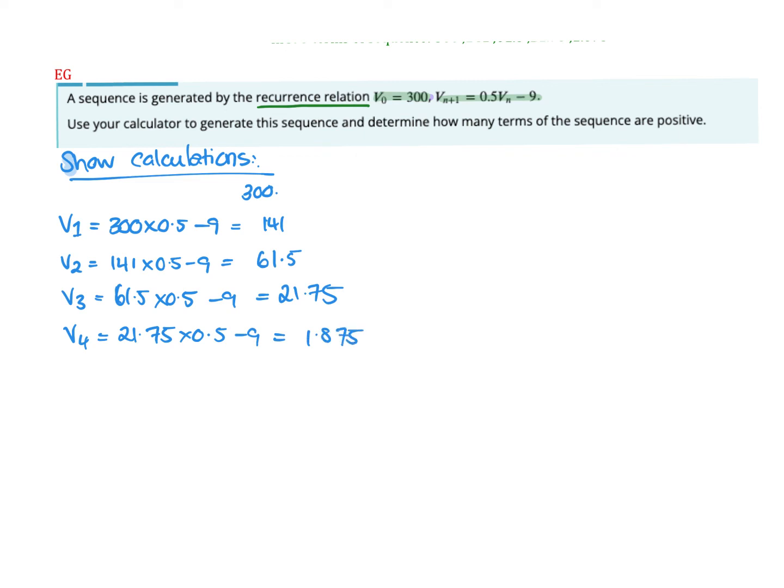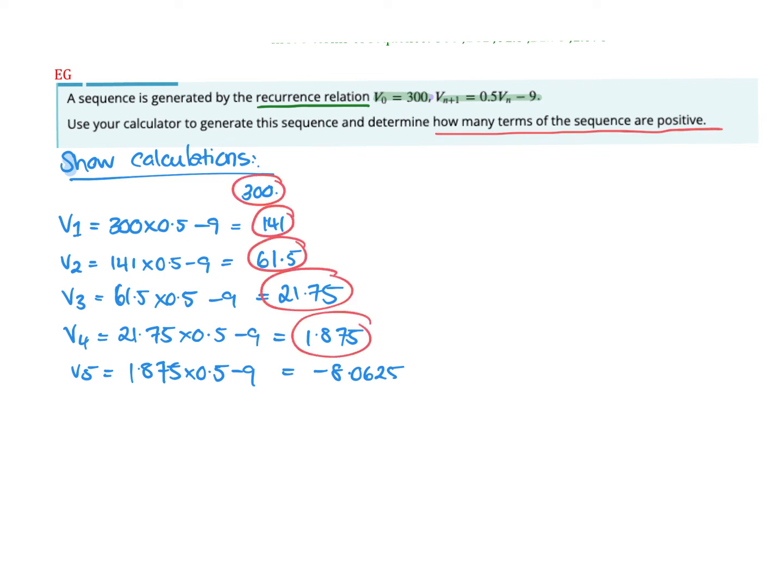And then if we go down to V5, it's finally going to be a negative number. So you can see that here, we get negative 8.0625. All right, so the question was, how many terms of the sequence are positive? So 1, 2, 3, 4, 5. 5 terms are positive.